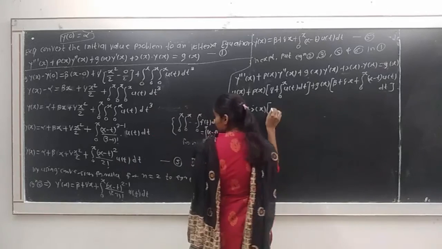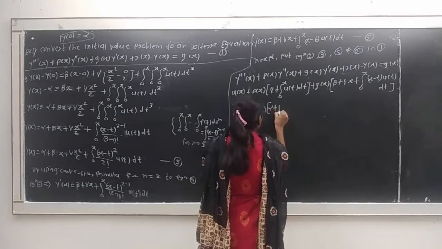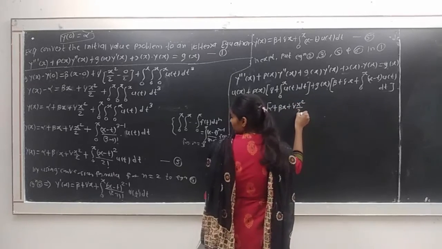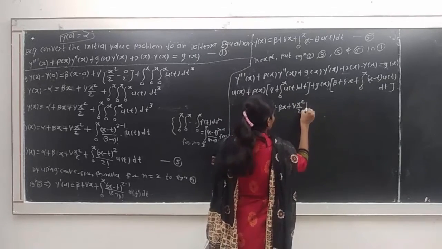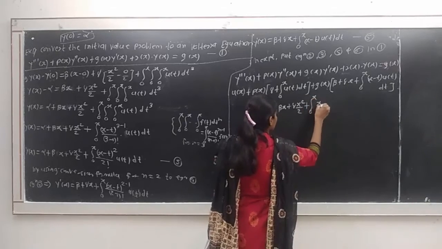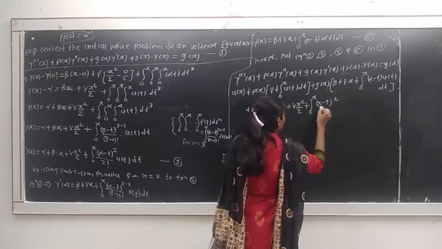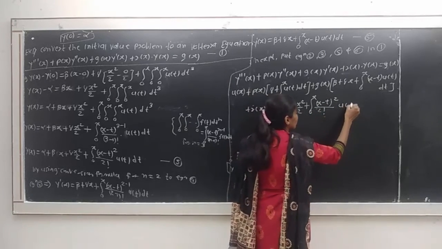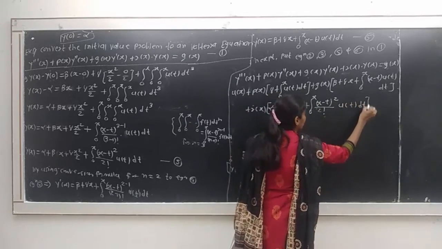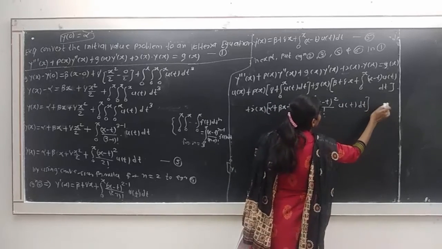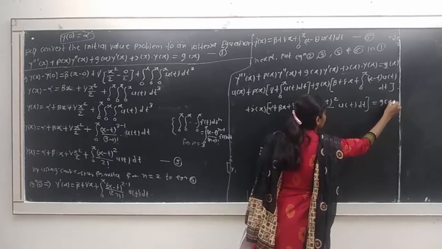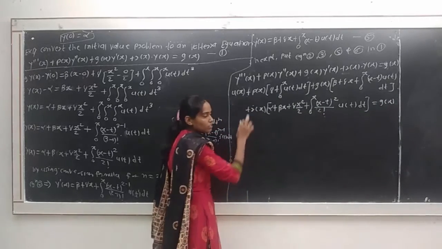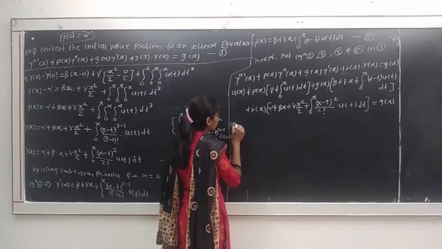In bracket we write alpha plus beta into x plus gamma x square divided by 2 plus integration from 0 to x of (x minus t) square divided by 2 factorial into u of t dt, bracket complete, is equal to g of x. Then by solving this we get the Volterra equation.